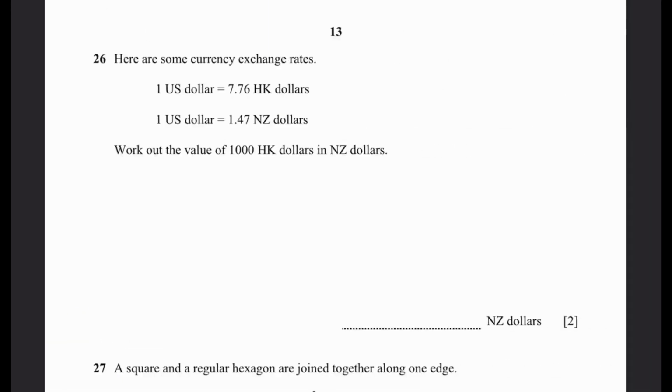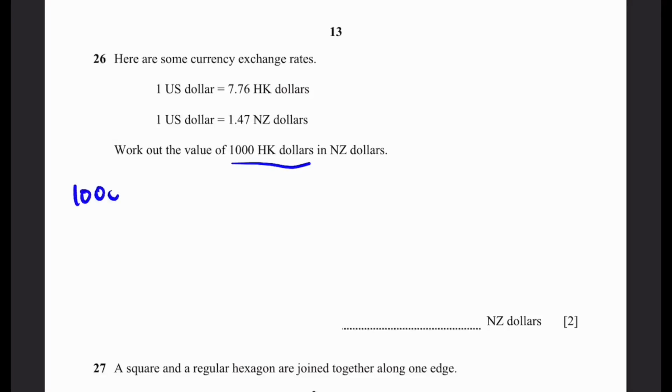Let's move on to question 26. Here are some currency exchange rates. 1 US dollar equals 7.76 Hong Kong dollars, and 1 US dollar equals 1.47 New Zealand dollars. Work out the value of 1,000 Hong Kong dollars in New Zealand dollars. So first we need to find out how much 1,000 Hong Kong dollars is in US dollars.